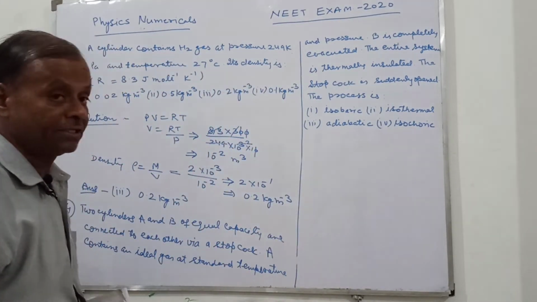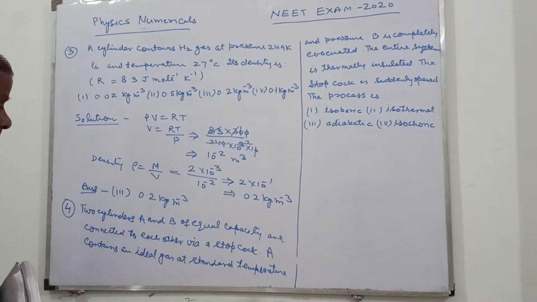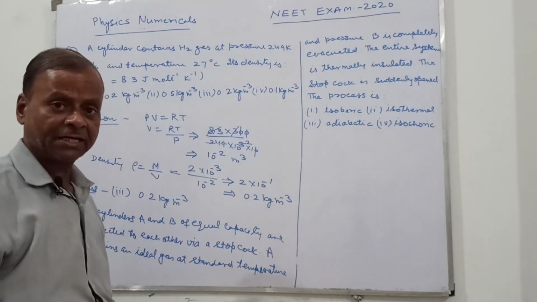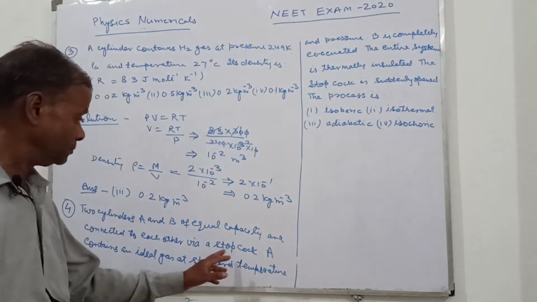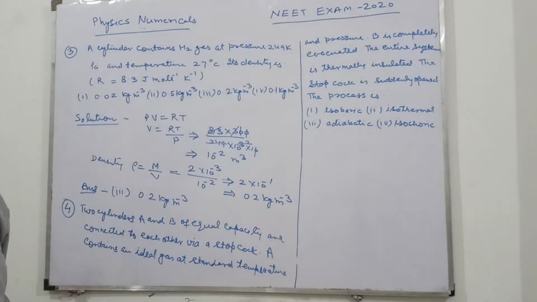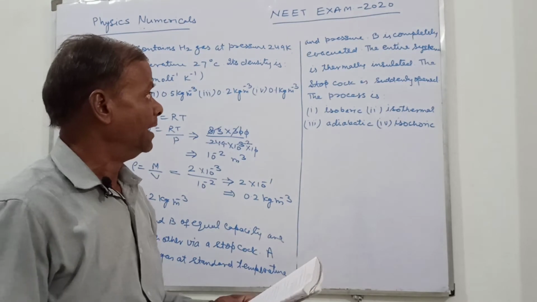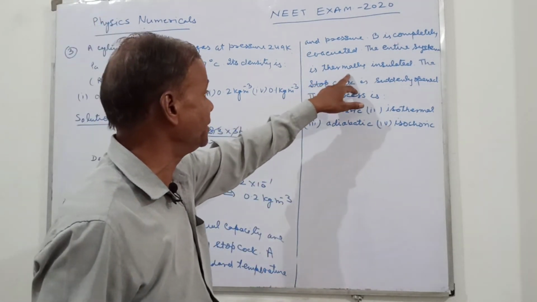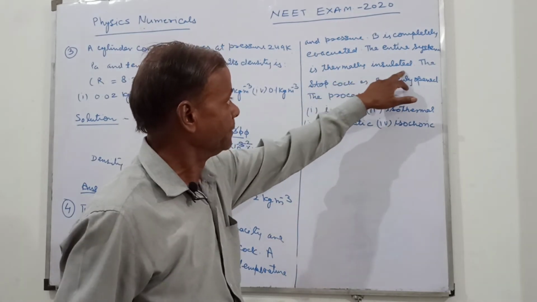So first you have to read the question. There are two cylinders A and B of equal capacity, connected by means of a stopcock, and A contains the ideal gas and B is completely evacuated, and the system is thermally isolated. This is essential.